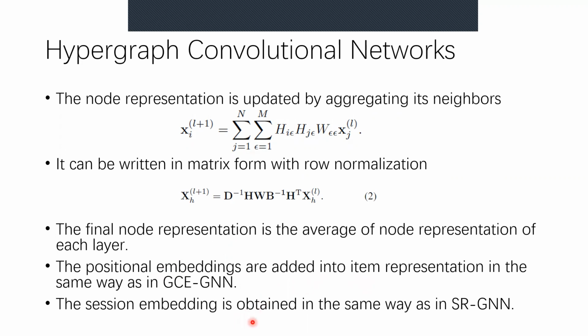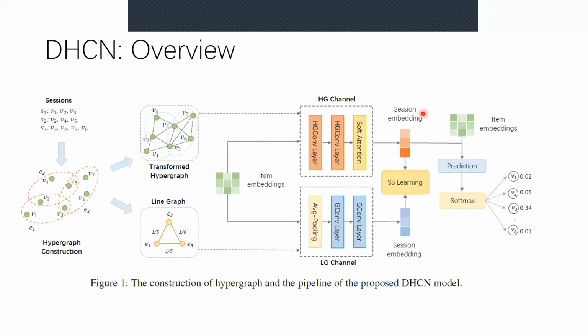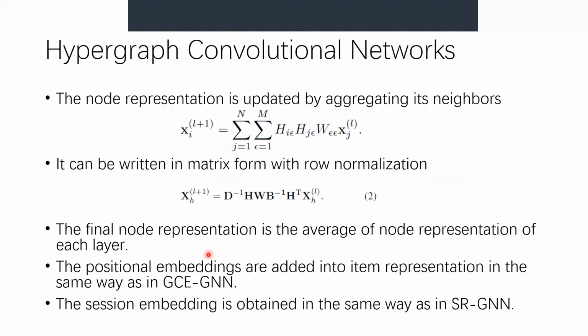And the session embedding is obtained in the same way as in SR-GNN. So basically, they get the item embeddings from this one global hypergraph, and then for each session, it uses these attention mechanisms to get its own session embedding.